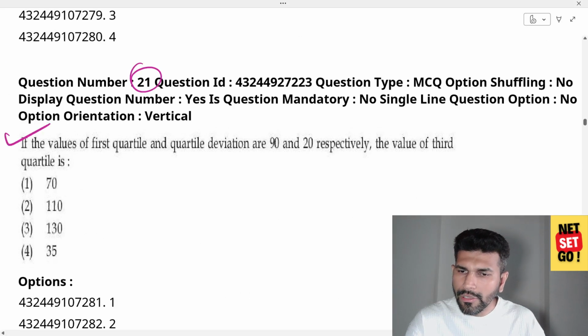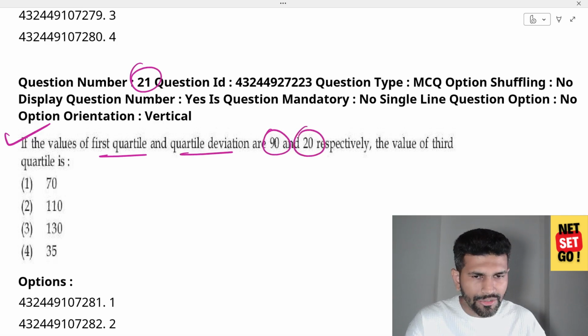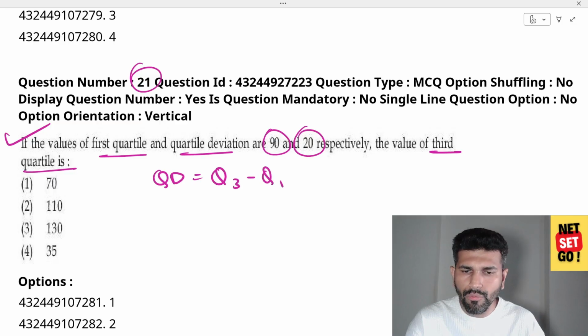Next, if the value of first quartile and quartile deviation are 90 and 20 respectively, the value of third quartile is dash. So the formula for quartile deviation is quartile 3 minus quartile 1 divided by 2.